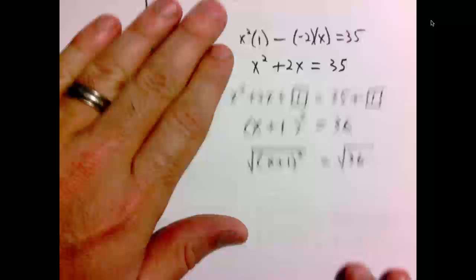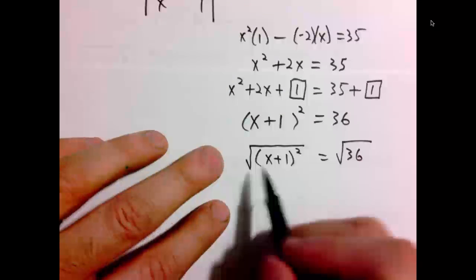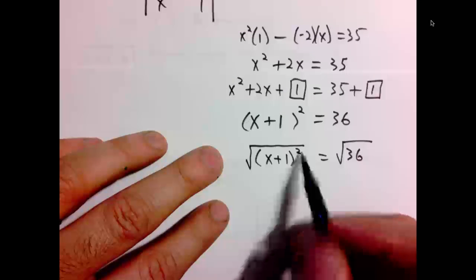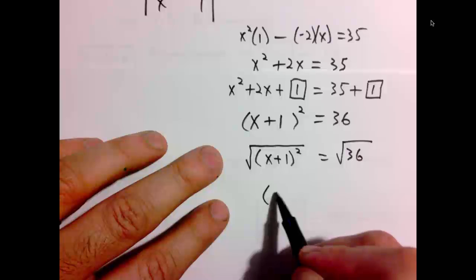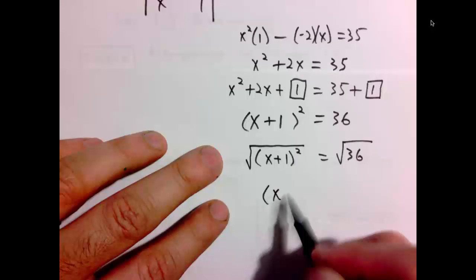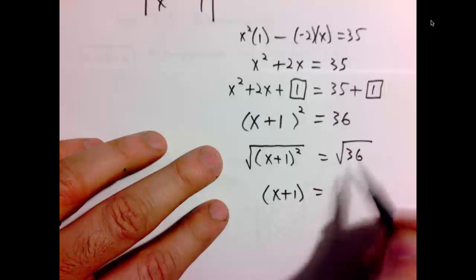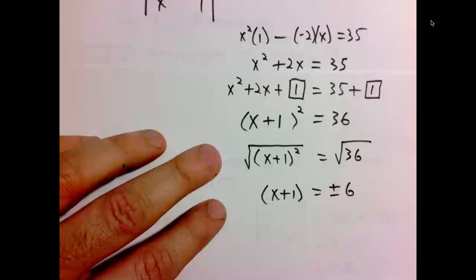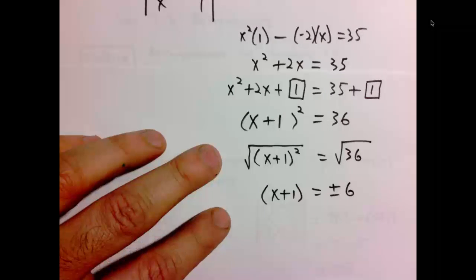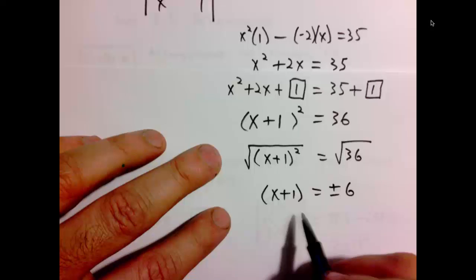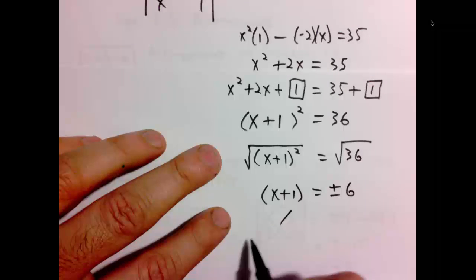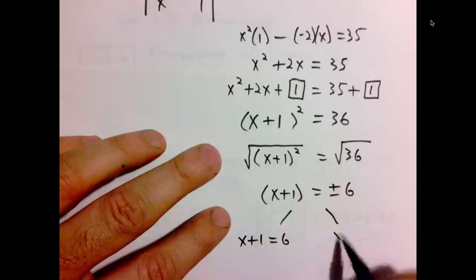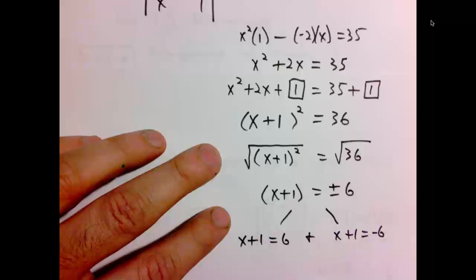All right. The square root cancels the square. They're inverse operations to leave only x plus 1. I don't need the parentheses. The square root of 36 is both plus and minus 6. All right, now we have two equations. X plus 1 is positive 6, and x plus 1 is negative 6.